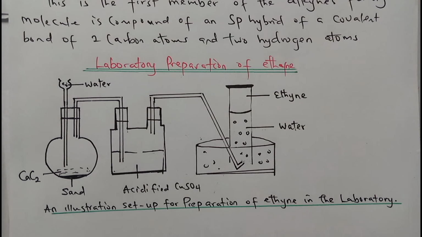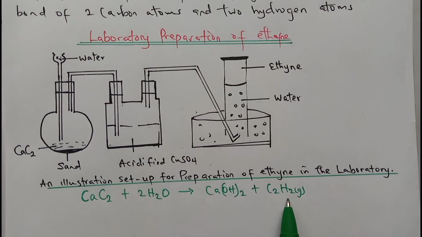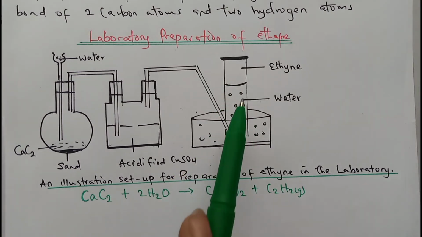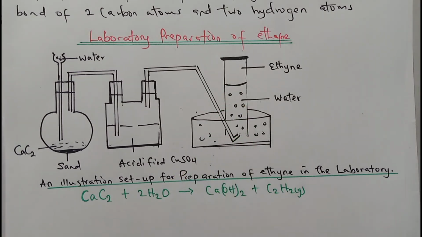The chemical equation looks like this, and this gas is collected over water by downward displacement of water. As it is going up, the water will be coming down. Here we place copper sulfate, actually acidified, to remove the phosphine, hydrogen sulfide, or ammonia that might be present in this calcium carbide.